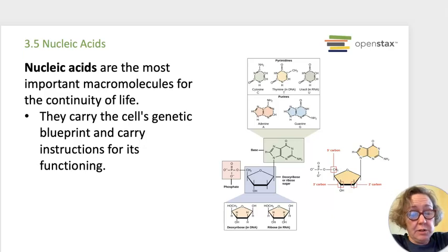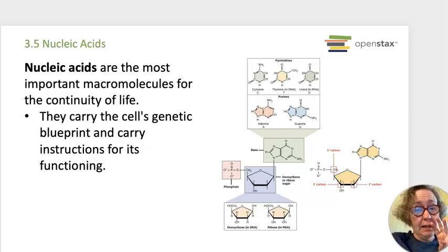Nucleic acids are the most important macromolecules for the continuity of life, essentially. And this is crazy. Let's just wrap our mind around for a second that all of life, every cell, from wheat to mice to humans to everything, is made up of these four nucleotides, right?